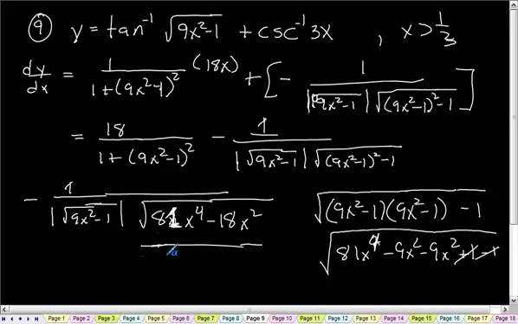Here we go. Pull out inside the radical a 9, x to the second. I'm left with 9 x to the second minus 2. That's it, 2.